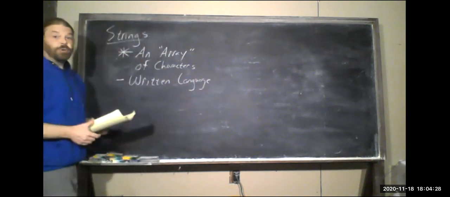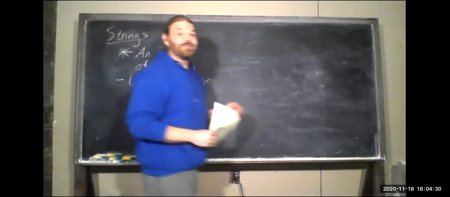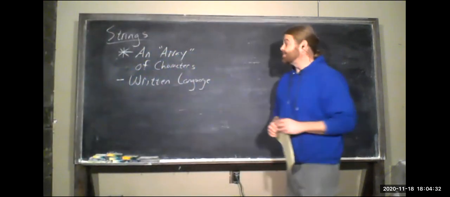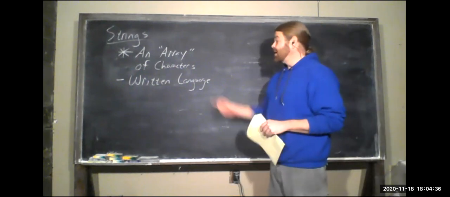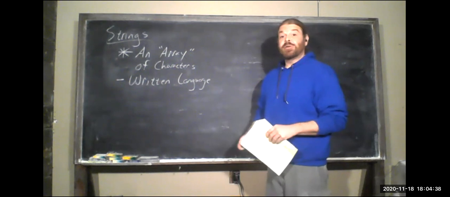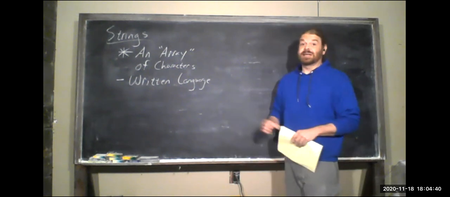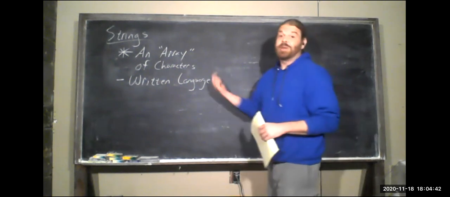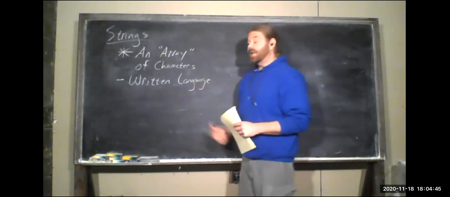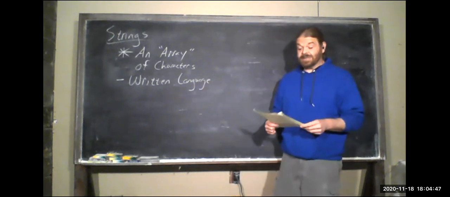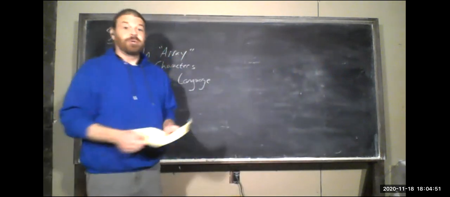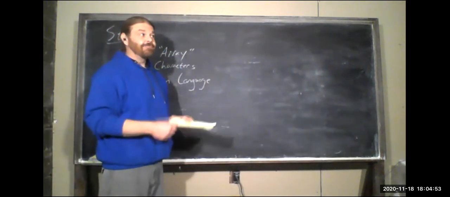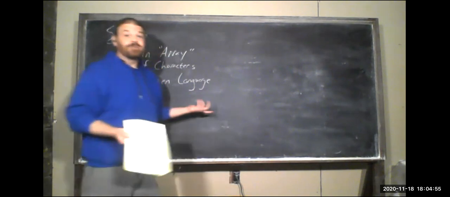So that's why it's a very important one, and it gets its own lecture instead of just being tacked into the lecture on arrays or lists and tuples that we have to work with in Python. Because written language is how humans have traditionally stored data. That's actually where we draw the line between history and prehistory, when our ancestors invented writing and data could be stored. We can pick up a book and read the words written by somebody who died hundreds of years ago.